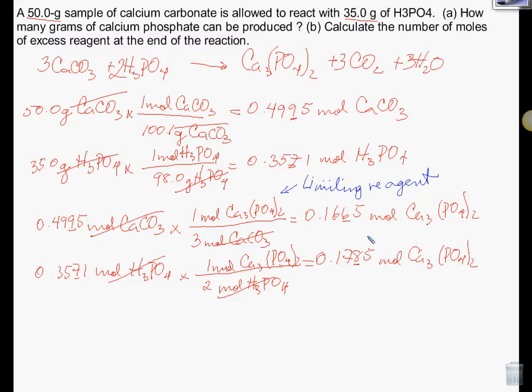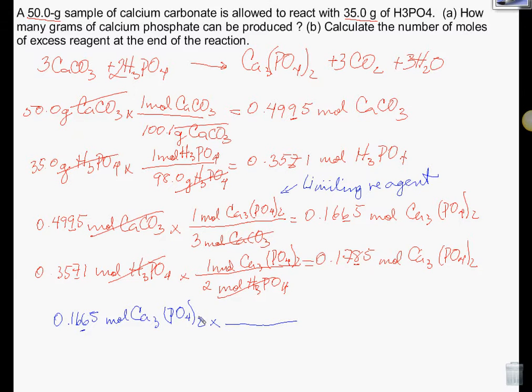So we're going to say 0.1665 moles of calcium phosphate, because that is the actual amount we're going to get, regardless of the fact that with 0.3571 moles of phosphoric acid we could get this, but we're not going to get this. What we're going to get is this one. Just like if you have only 2 cups of flour and only 1 egg, you're going to get 35 cookies, not 70, right?